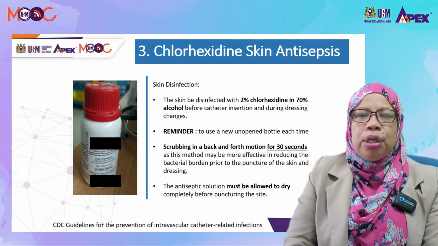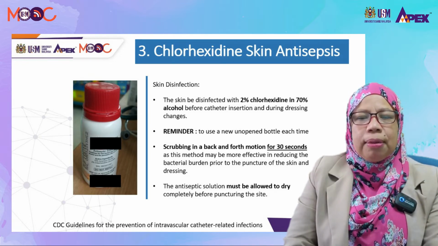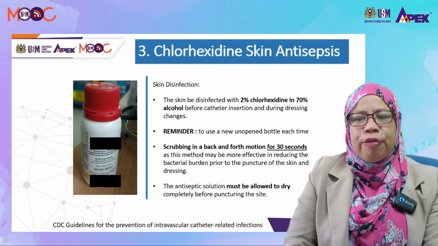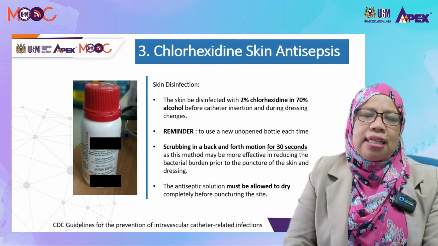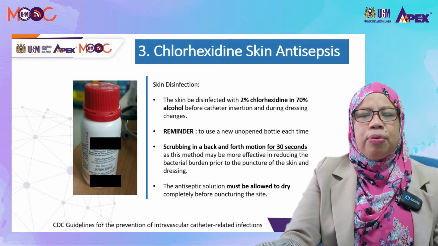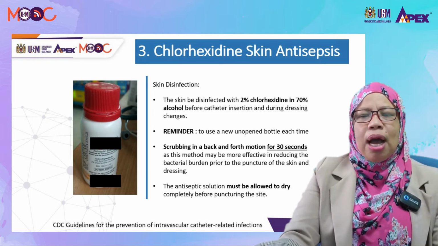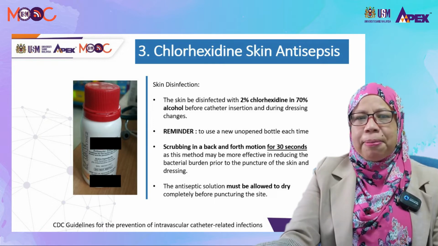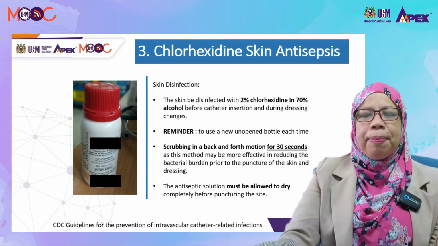So in Malaysia, we have a commercially available mixture of 2% chlorhexidine in 70% alcohol, and normally we use that for our skin disinfectant. As a reminder, we should only use a new unopened bottle each time. So we should not share one bottle of the skin disinfectant with another patient.